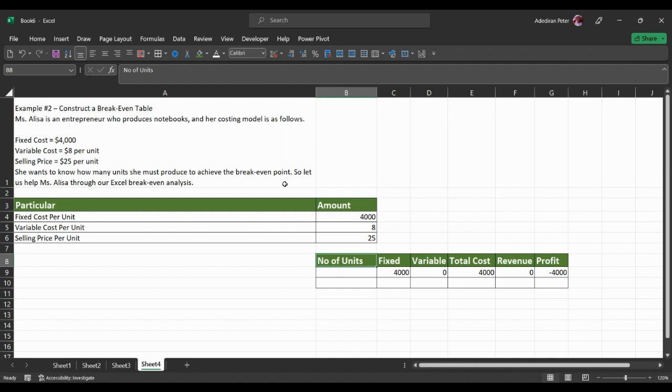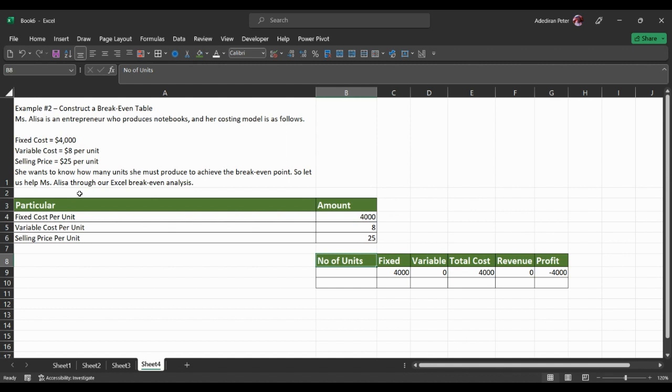Fixed cost equals $4,000, variable cost equals $8 per unit, and selling price equals $25 per unit. She wants to know how many units she must produce to achieve the break-even point.